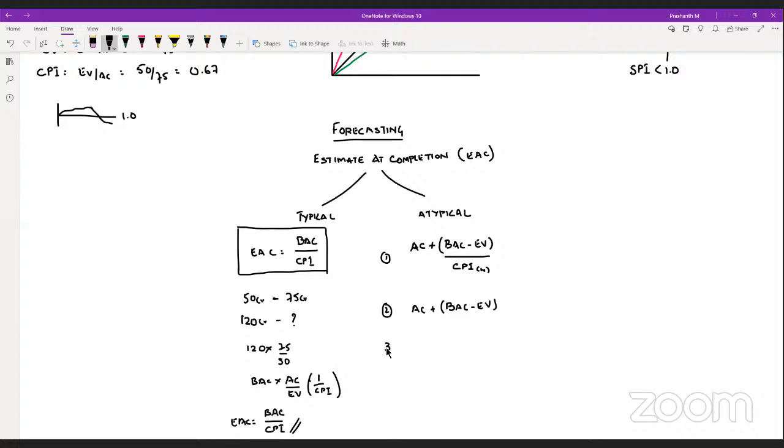In the third case, the project manager says the estimates we have made are no longer holding good, so I want to re-estimate the remaining work from the beginning, like a bottom-up estimate. For the whole remaining work, you take all the activities, estimate the resources, then the costs, and come out with a new estimate for the remaining work.